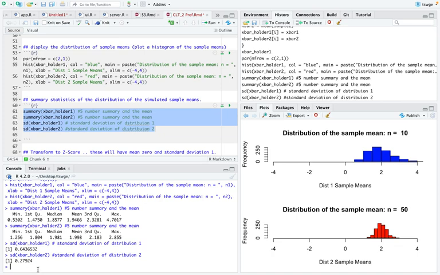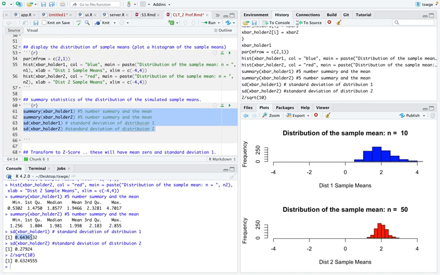And for this one, remember that the standard deviation was 2, and if I look at 2 divided by the square root of 10, which is the standard error, sigma divided by the square root of n, that'll be about 0.63, 0.64, right about what it should be.